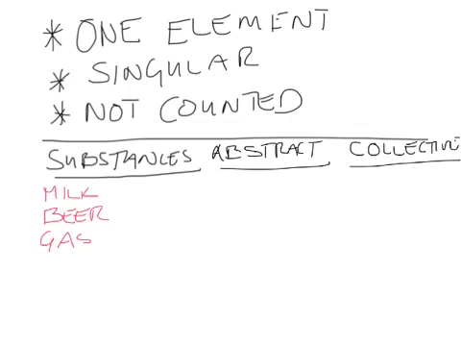So substances, and then abstract nouns, things that are not concrete, we can't really touch them or even see them.